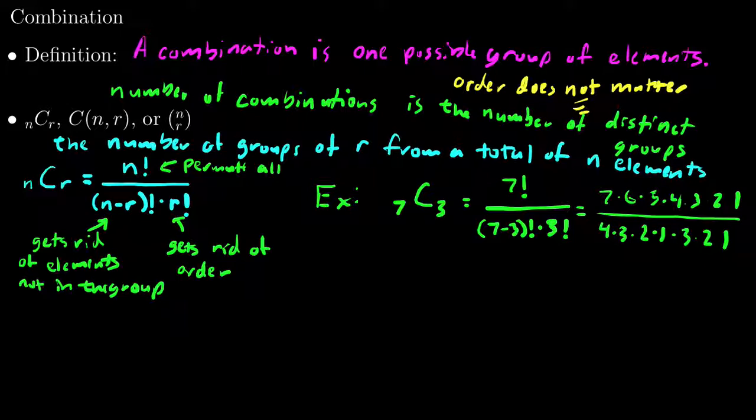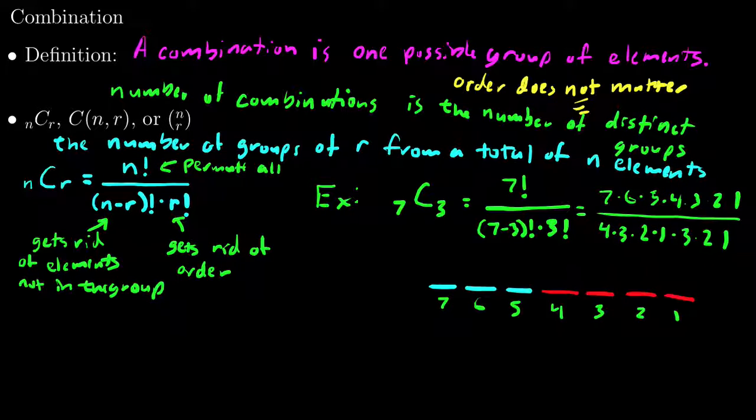And let me look at it this way. So in 7C3, I'm finding groups of 3 out of the 7 total. So when I start off with the 7 factorial, well, that's how many ways to permute all of them. Order is mattering. We have way more elements than we're actually considering.